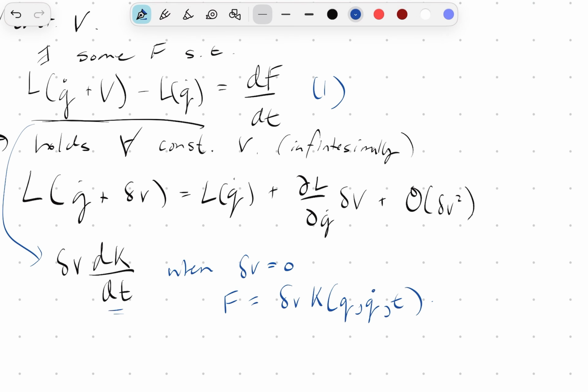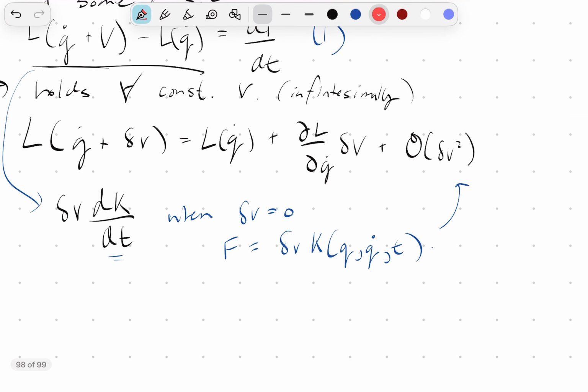And if we equate everything to the higher order terms, this will give us something called the infinitesimal symmetry condition.